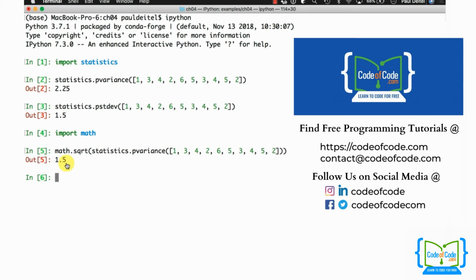Right, so some basic descriptive statistics to help you understand how spread out your values are around the mean. In terms of the standard deviation for these values, the average was 3.5 and the spread around 3.5 was 1.5 for the standard deviation and 2.25 for the variance, which emphasizes the values that are further away from the mean.